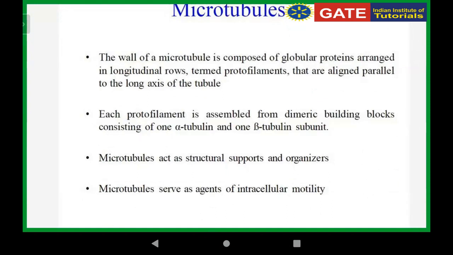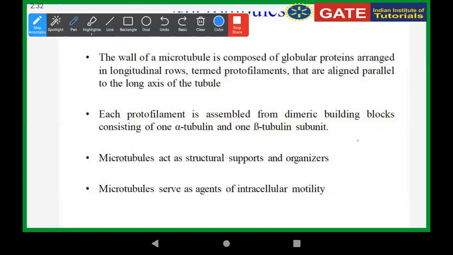Protein vesicles are transferred from the endoplasmic reticulum to the Golgi. Intra means within the cell. The endoplasmic reticulum releases proteins in the form of vesicles. This protein vesicle is transferred to the Golgi through these microtubules.